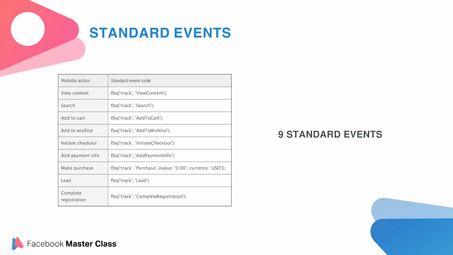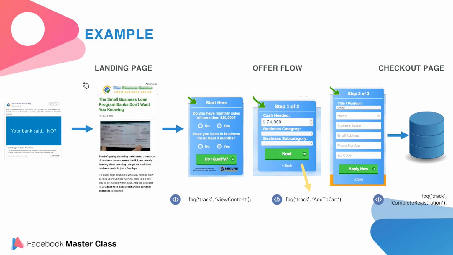And to give you a specific example, what you're seeing here is a funnel in the business loan niche. So the funnel starts with a Facebook ad driving users to a landing page. And then we have a 3-step offer flow. It starts with pre-qualifying a website visitor. So we are essentially asking him whether his revenue is more than $10,000 a month, and if he has been in business for at least 3 months.